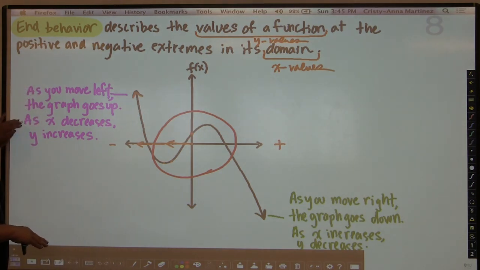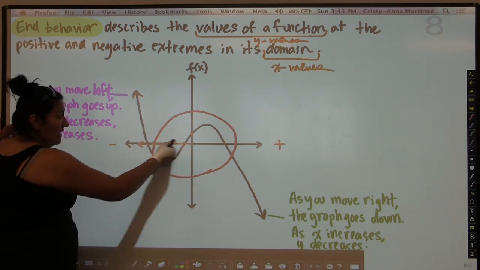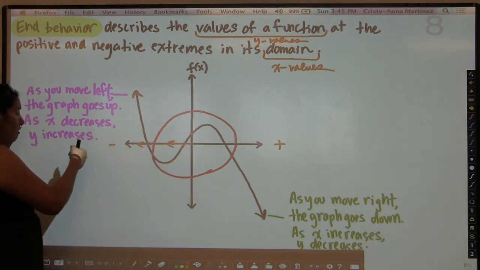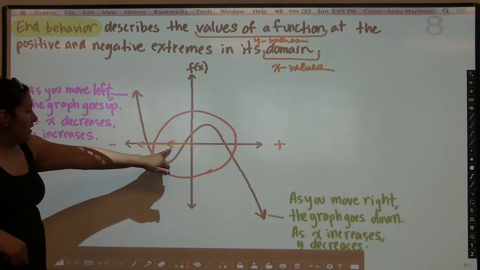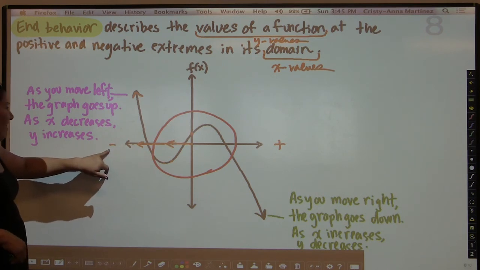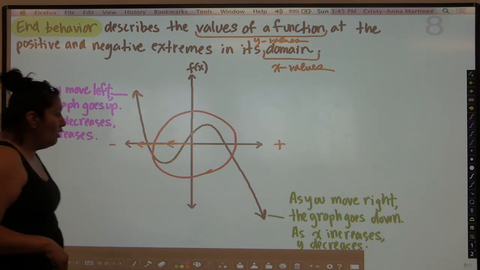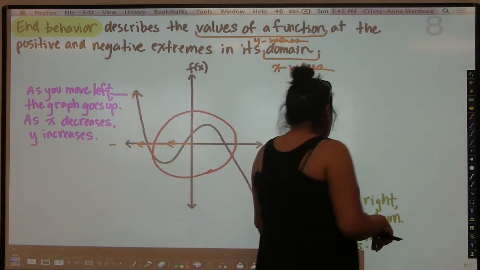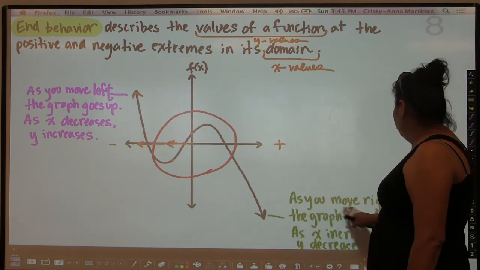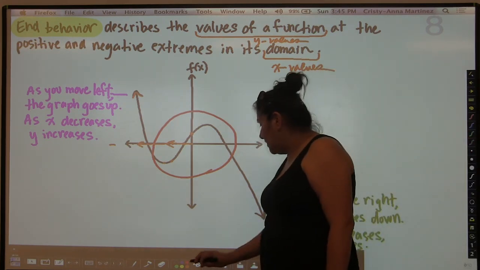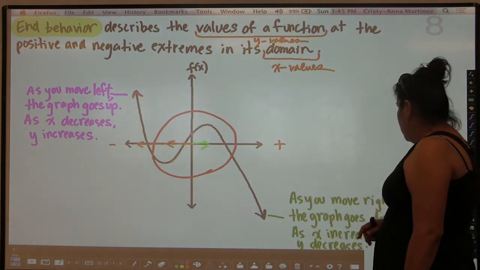So that's why we say that as x decreases, okay, so the x values are getting smaller, because this is the negative x direction, they're getting more and more negative, so smaller and smaller. So as the x values decrease, the y value is actually increasing. Okay, that's happening there. All right, and on this side, it says as you move to the right, and so if we did the exact same thing, if we started moving in this direction, to the right, the graph goes down.